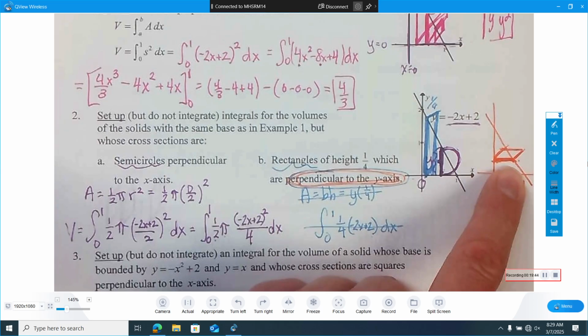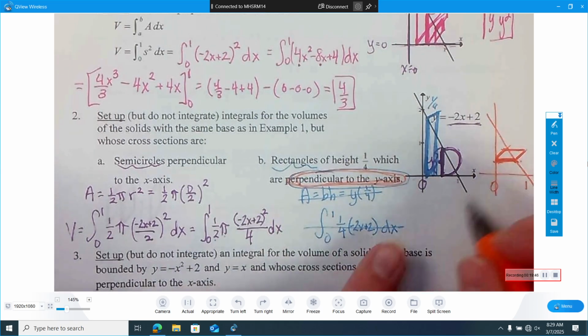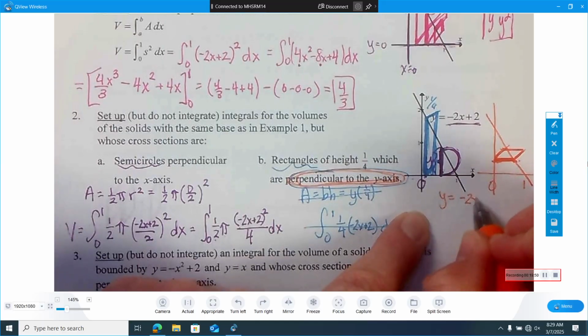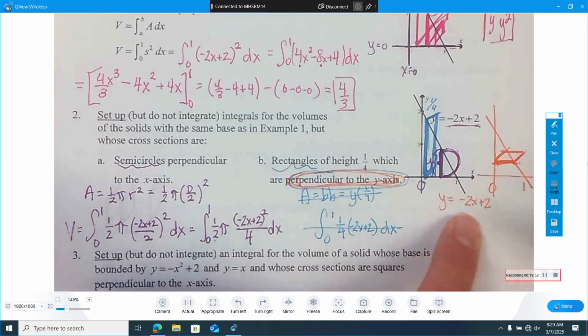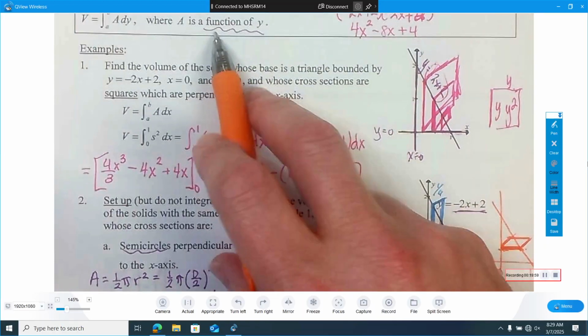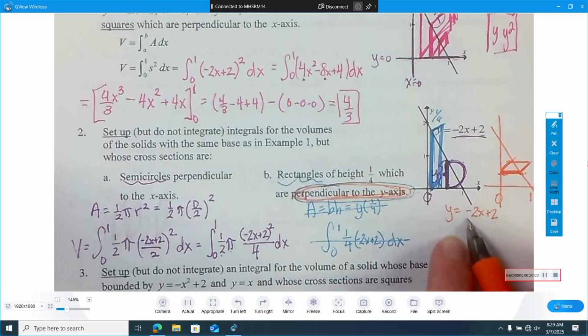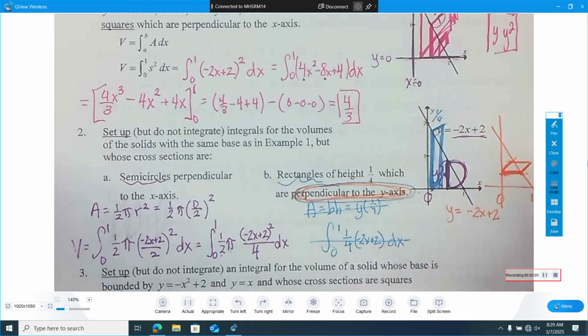We had y equals negative 2x plus 2. We need to rearrange this function because it needs to be in terms of y. Right now we have things with x's in it, so we need to solve for y.